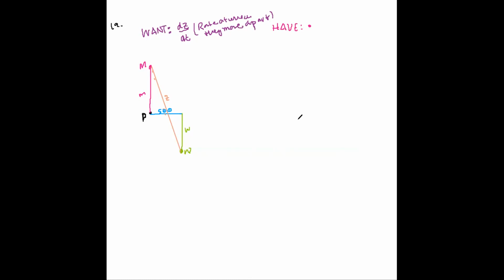We have the rate of the man, which in Leibniz notation would be dm dt. We have dw dt.